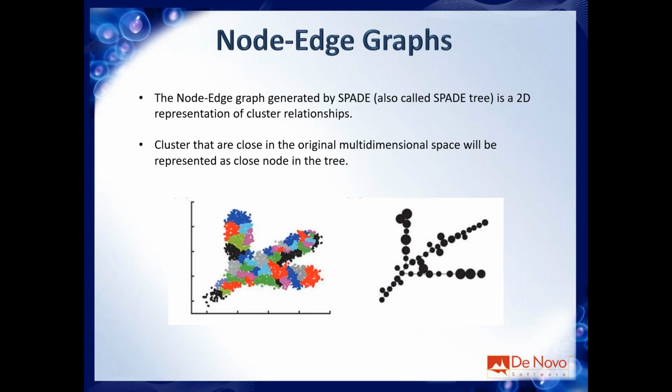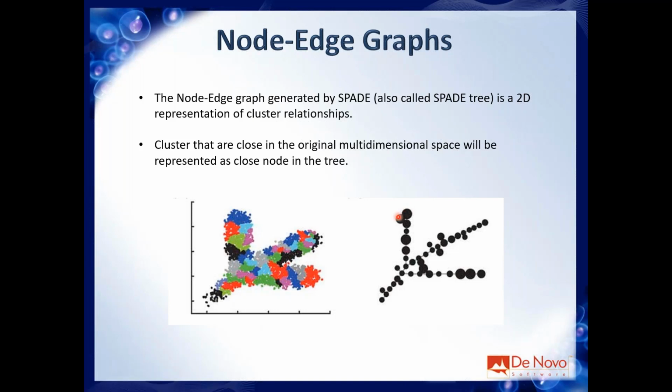So first of all, the node-edge graph generated by SPADE, which is usually referred to as the SPADE tree, is a 2D representation of the cluster relationships. The idea is that if two clusters are close to each other in the high-dimensional space, so let's take this example, the blue one is close to the red one, you represent each of them as a node, and then you connect them.